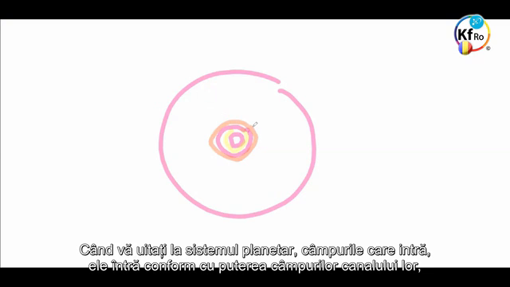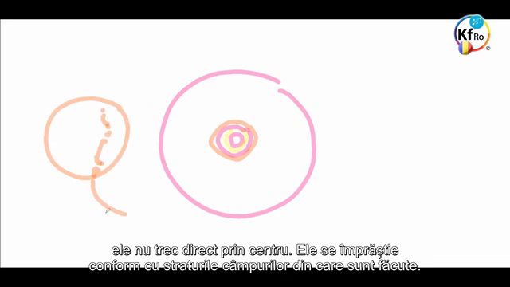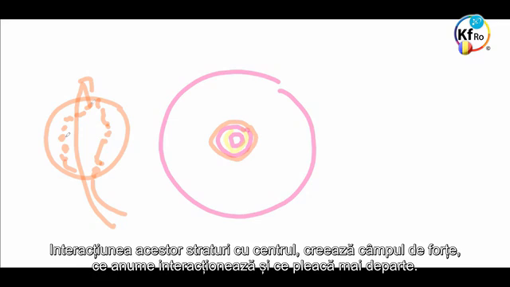When you look at the planetary system, the fields which come in, they go according to the field strength of their channel. They just all don't go through the center. They get spread according to the layers of the fields which are built. The interaction of these layers and the central creates the field forces, what is interacted and what is gone.